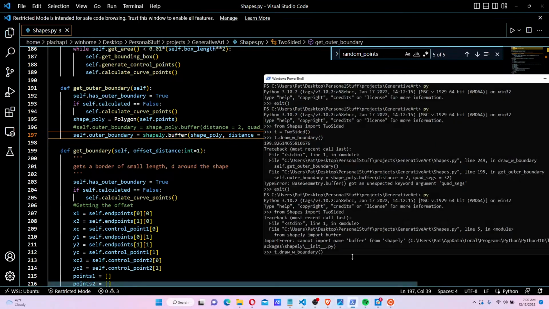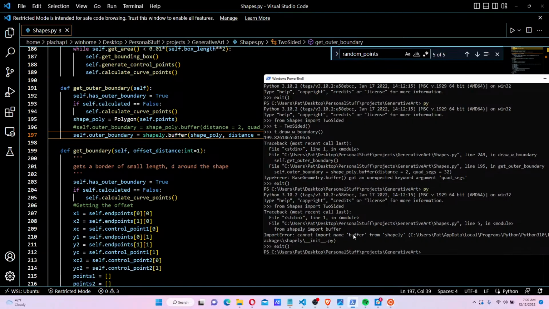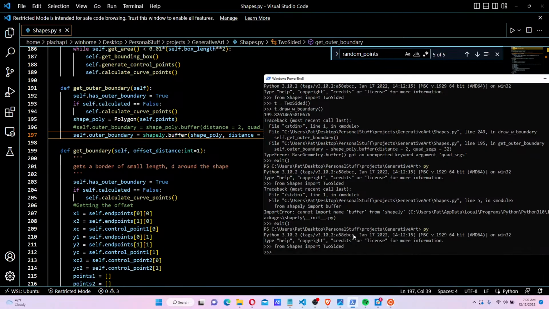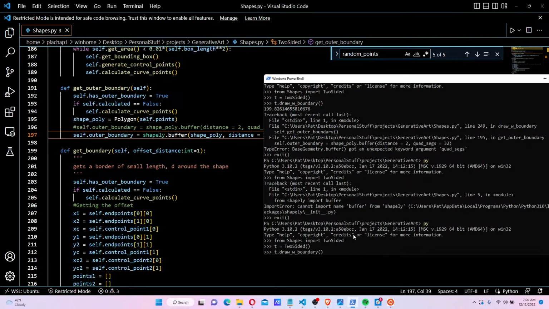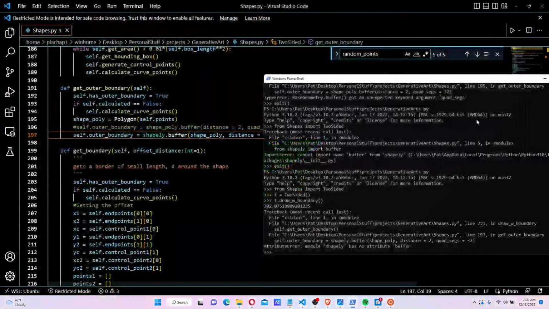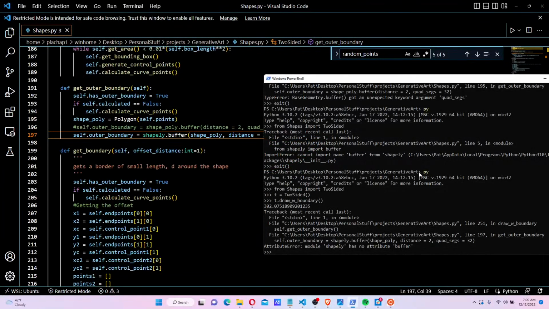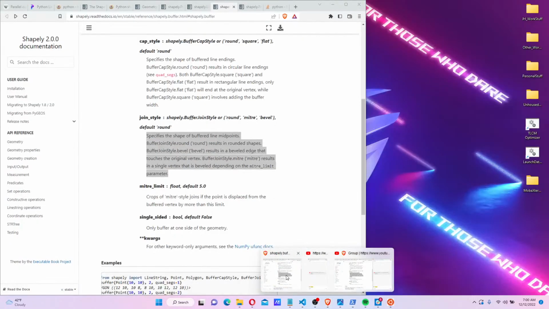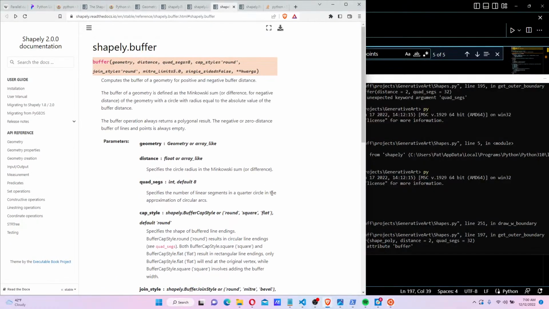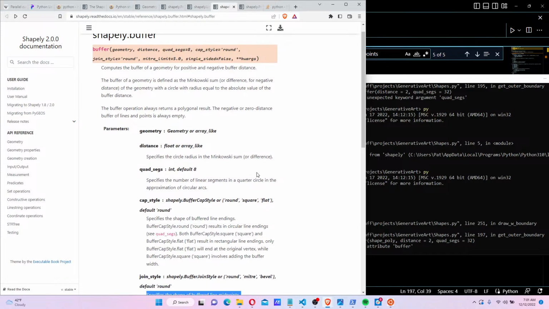Now if I try to run it, oh, that works. Nope, doesn't calculate the buffer though. Shapely has no attribute buffer. I don't know why it's so hard to find this function.